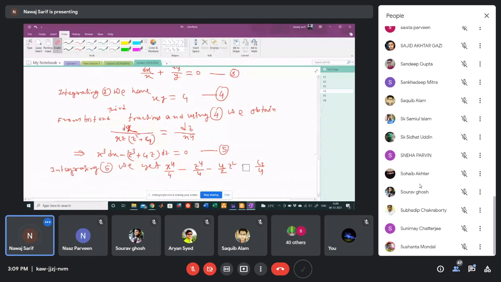So if you cancel out by 4, then this can be written as x to the power 4 minus z to the power 4 minus 2 into c1 z square equals to c2.